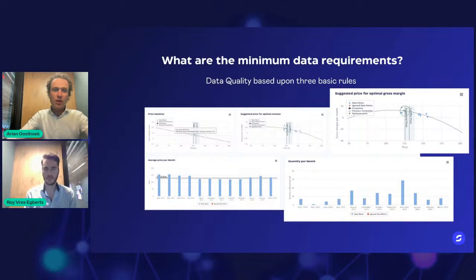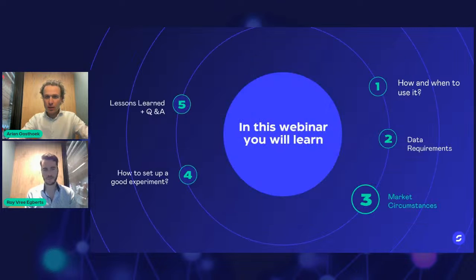That's the minimum data quality to make it with a certain confidence. And of course, this can be optimized by working on one of the four metrics. This was, in a snapshot, the second topic of data requirements.